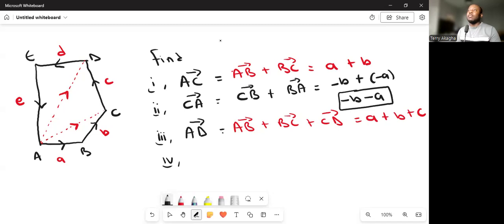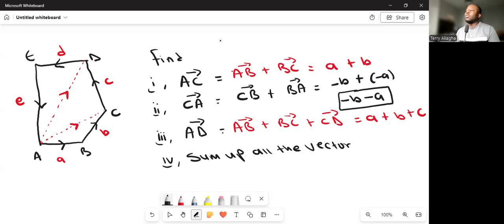What about if we're now told to sum up all the vectors in the diagram? Sum up all the vectors. All right, so what will happen?